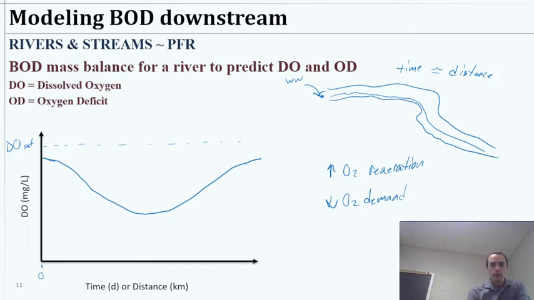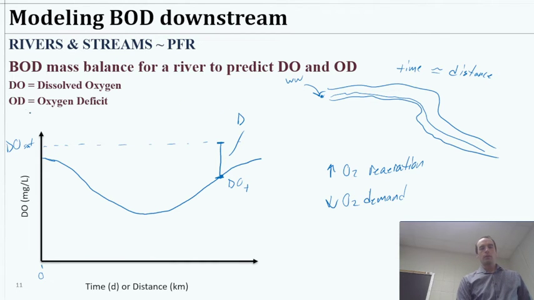Okay, so then a couple of things here we can describe. Of course, DO, again, is dissolved oxygen. So what we plotted here is different dissolved oxygen points, DO at some time t or distance x, right? So any dot along that line is what happens to be the DO at that particular time. Then we could also take a look at the deficit at that particular point. This is completely arbitrary, I'm just drawing up a random point here. And so we could say that oxygen deficit, OD, and I actually think that later we're going to just use D for deficit.